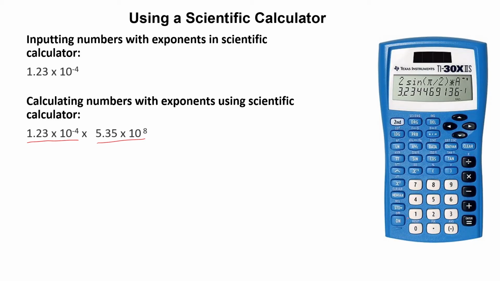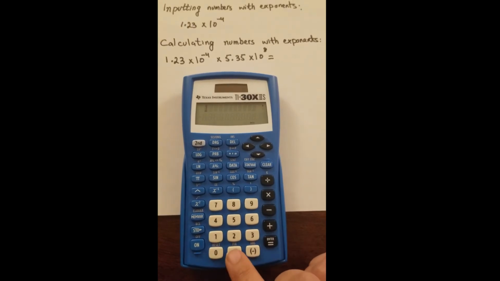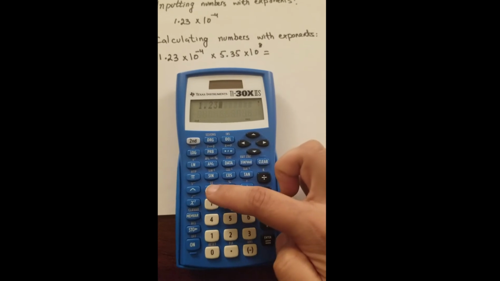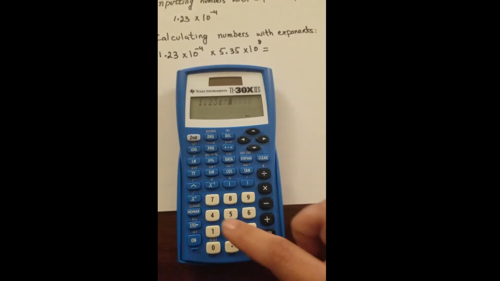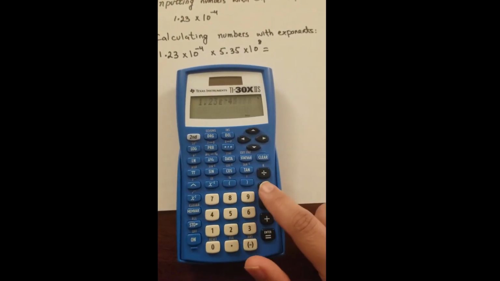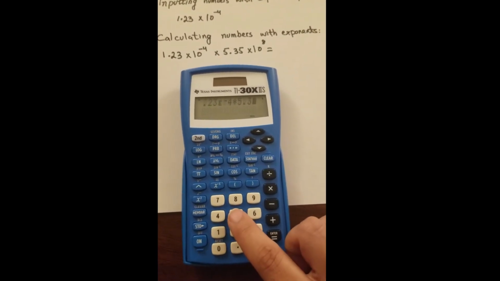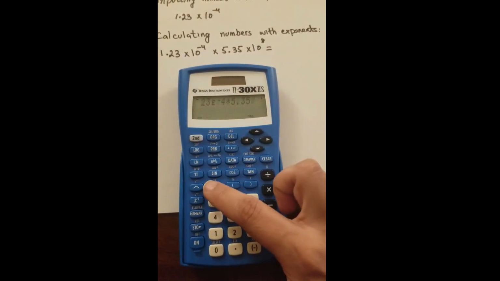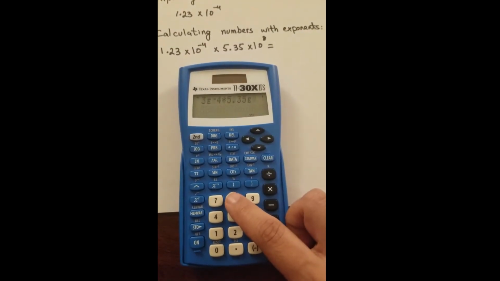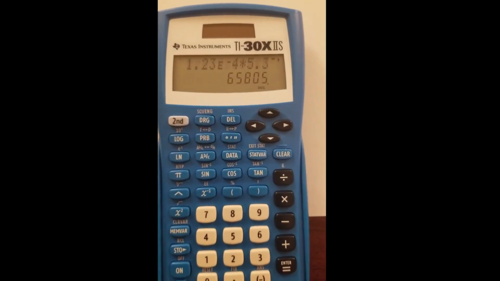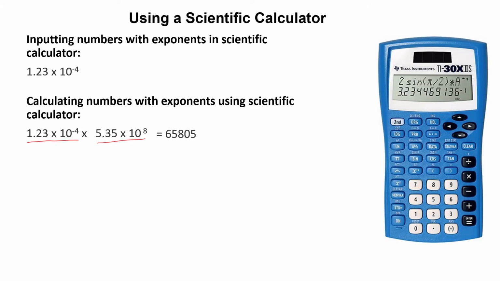So let's watch a short video on how to enter these numbers in the calculator. If you have this answer on your calculator, it means you are doing it right.